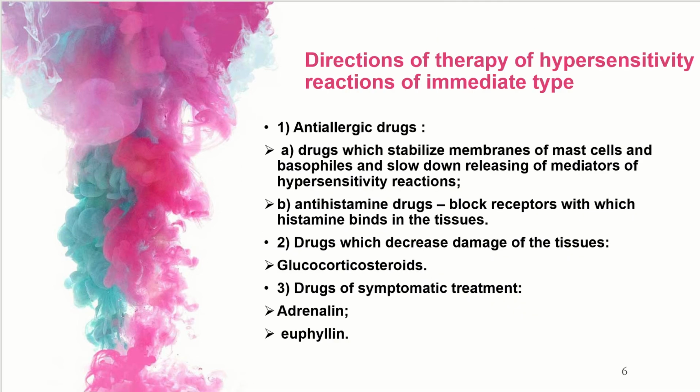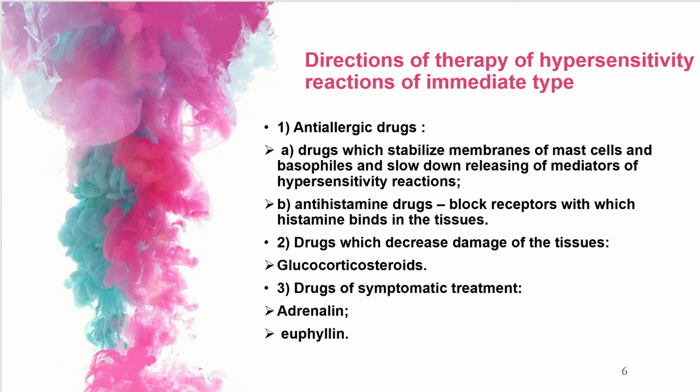All right, so directions of therapy for hypersensitivity reactions of immediate type. Well, our focus, as I mentioned at the onset, is anti-allergic drugs, right? But we're going to also mention the other 2 categories. So, under anti-allergic drugs, A, drugs which stabilize membranes of mast cells and basophils and slow down releasing mediators of hypersensitivity reaction.